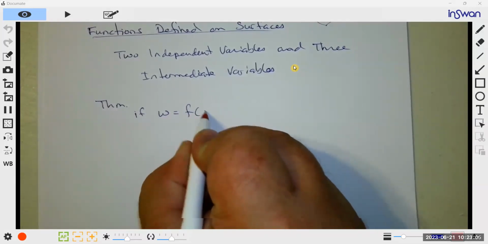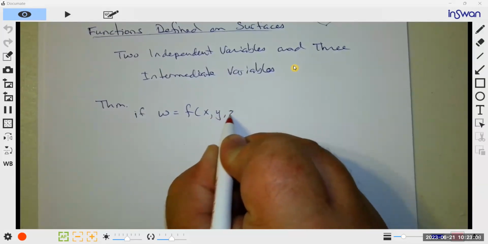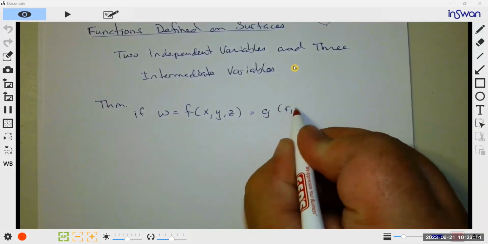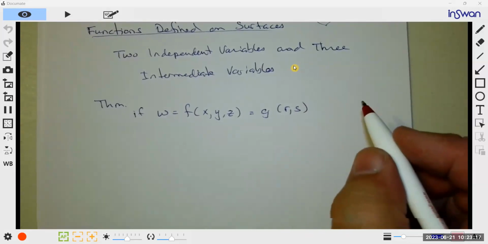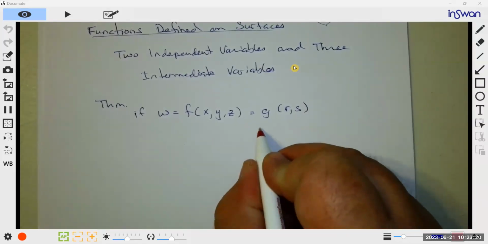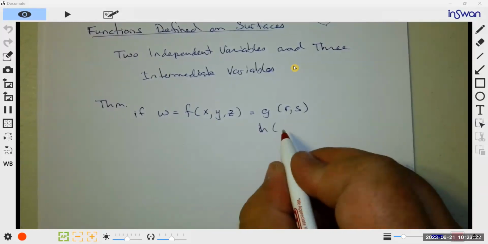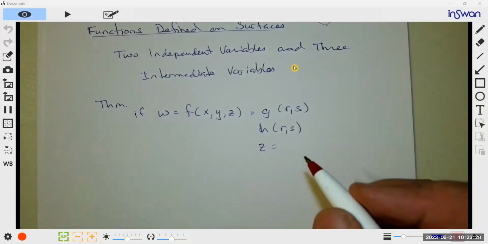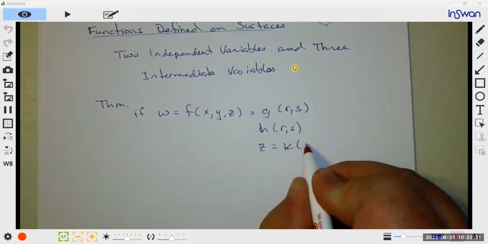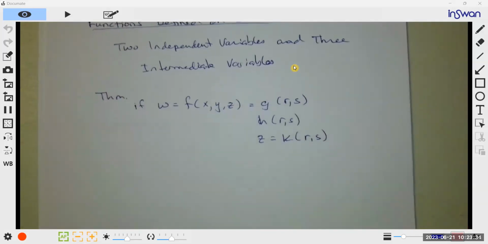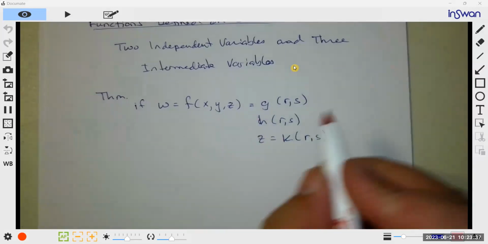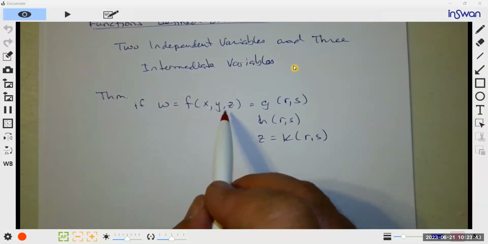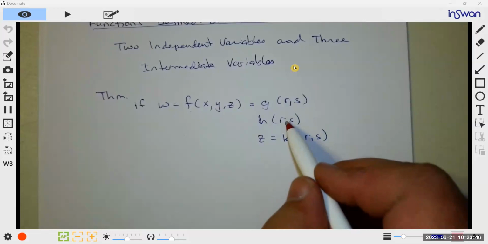If W is a composite function with 3 variables, and the surface can be defined by G, H, and R. So we have W is a function of 3 variables, X, Y, and Z, and they're subdivided into these.